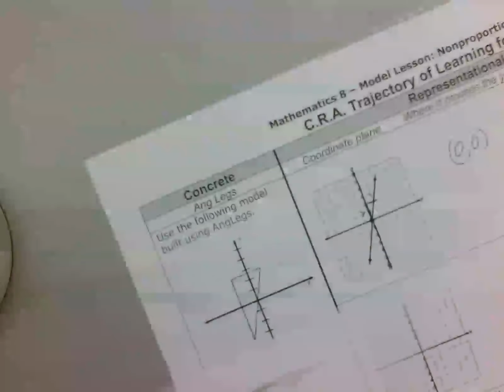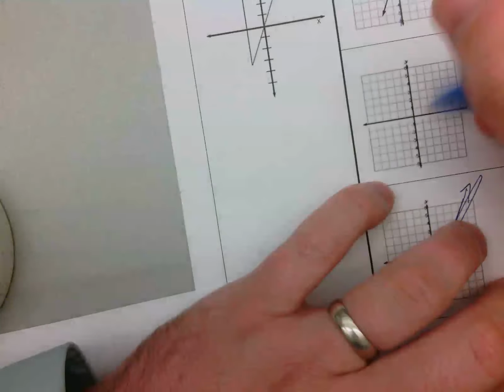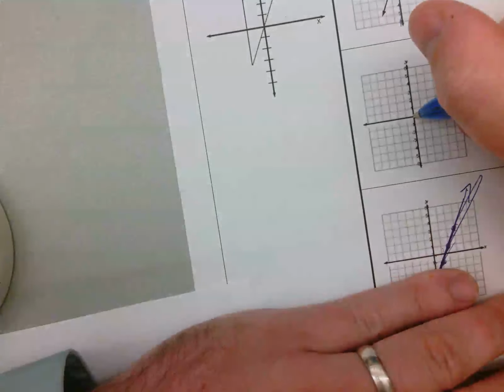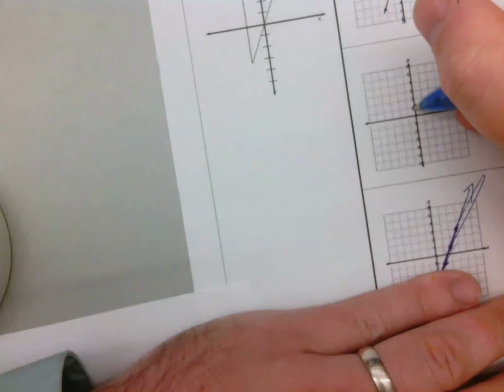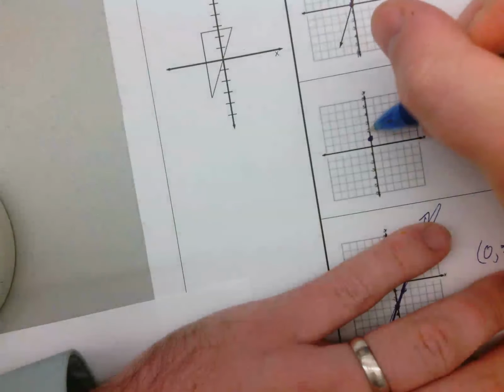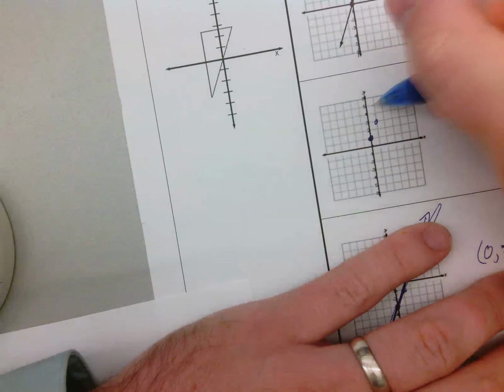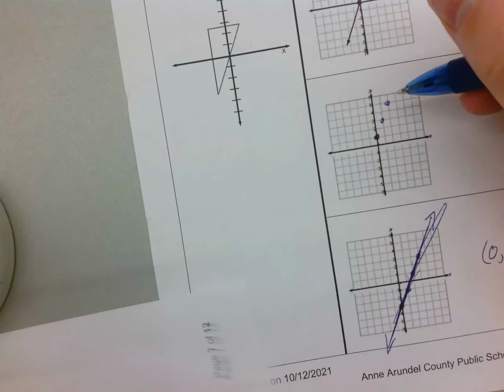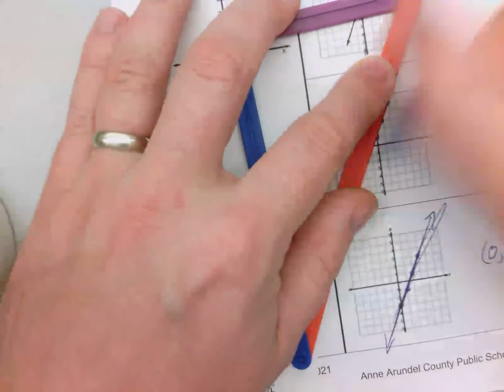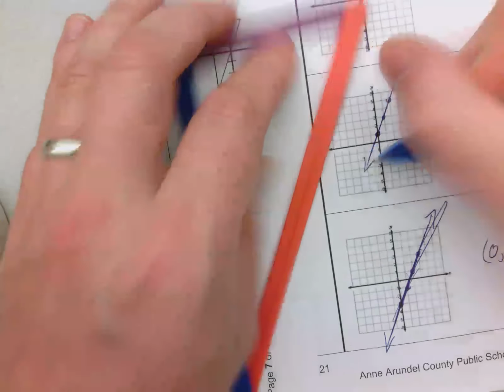Now I can sketch that graph by going from the origin at (0, 0) and going up 1. The slope is the same in all three of these problems, so we go up 2 over 1, up 2 over 1. You can again use your angle leg as a straight edge and draw a straight line, putting arrows on the ends.